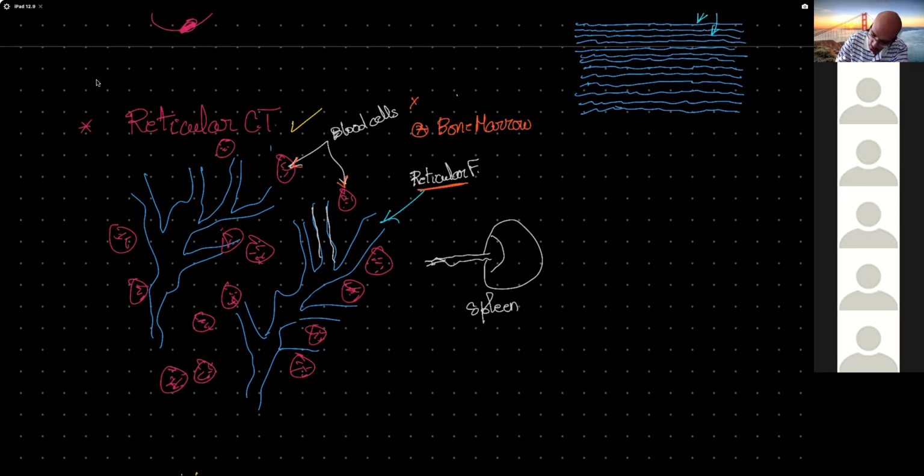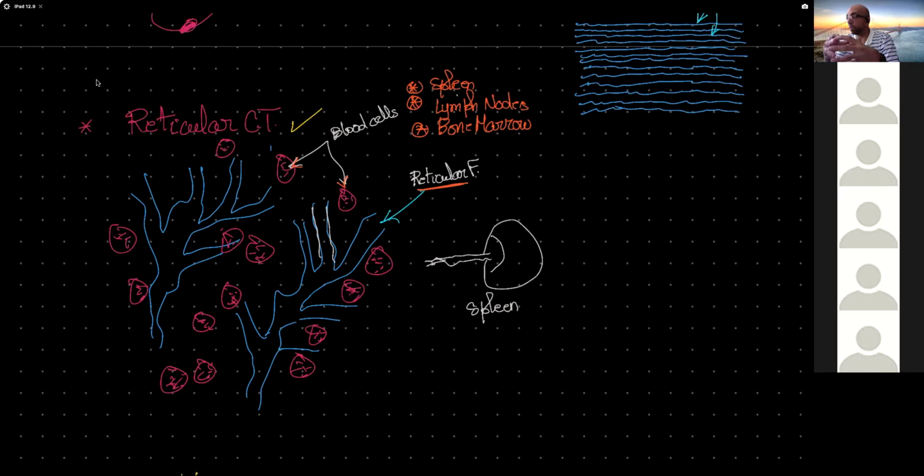And where do I store the blood cells? I store the white blood cells in my spleen and lymph nodes. This is where they will become activated to fight the infections.